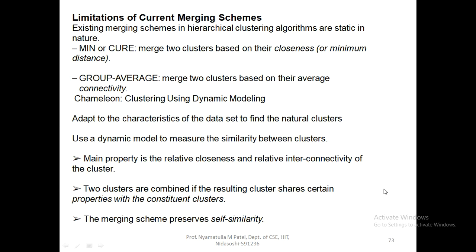Now, the limitations of the current merging schemes. A merging scheme is nothing but merging two clusters based on their closeness. So what are the limitations of merging these adjacent clusters? What is the problem when you merge adjacent clusters based on similarities?